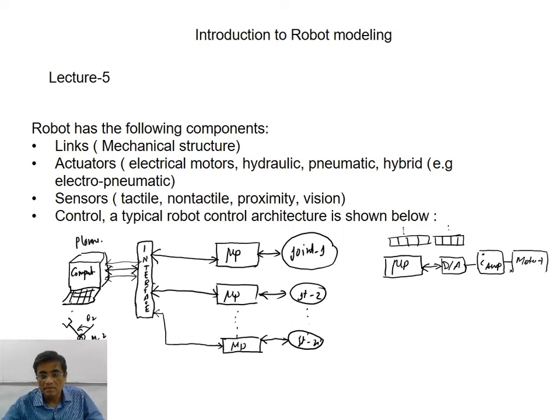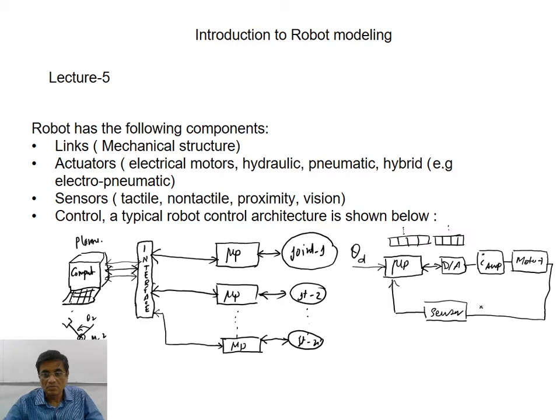This is a typical example I am giving for armature current control. Say this is what you are getting from the boss, that is the planner. And then you have a sensor here. Without a sensor, control will be useless, only bang-bang type of control.